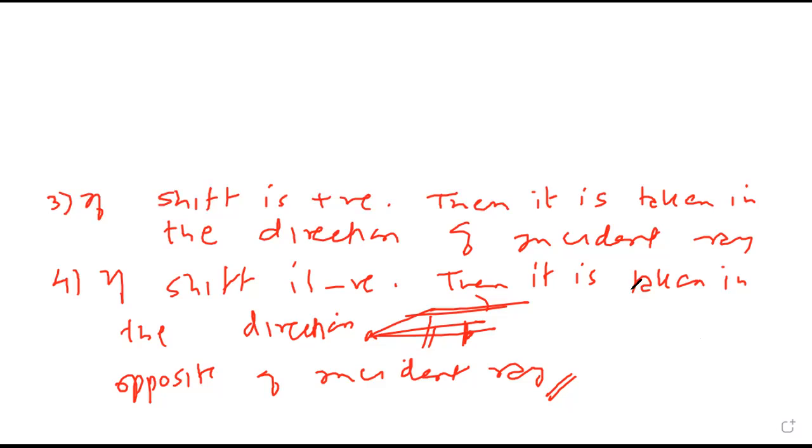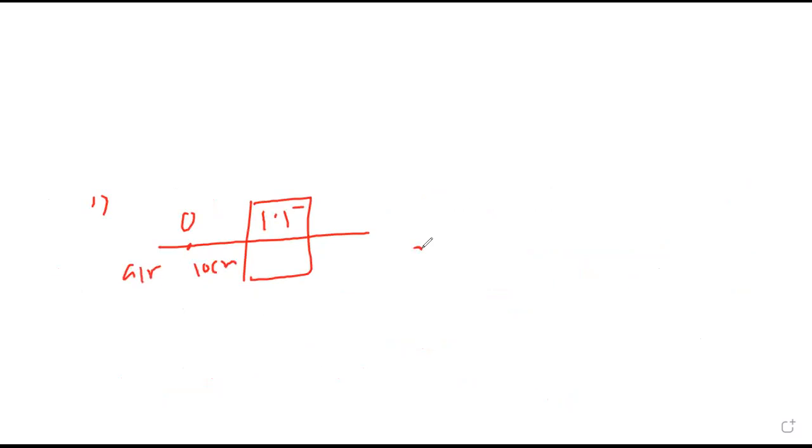Completed? Yes, sir. There is one glass slab of refractive index 1.5. Object is at 10 centimeter. Both sides we have air. The thickness is 15 centimeter. Then how much is the shift?